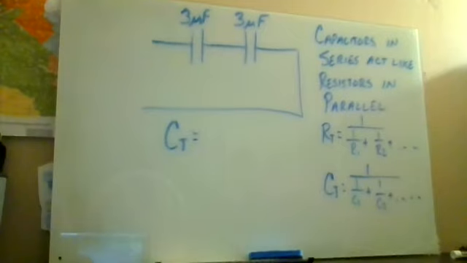So if I punch this in my calculator, I'm going to hit 3 exponent negative 6 shift reciprocal plus 3 exponent negative 6 shift reciprocal equals shift reciprocal equals, and I should get my C total. So somebody punch that in your calculator and tell me what we get for C total.